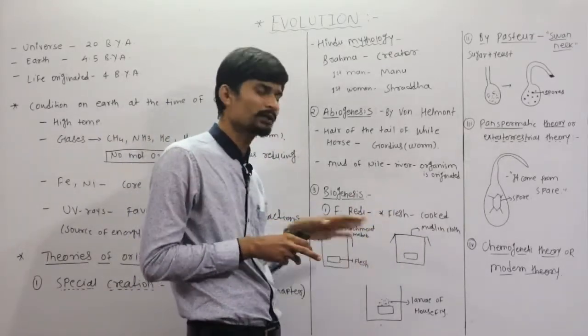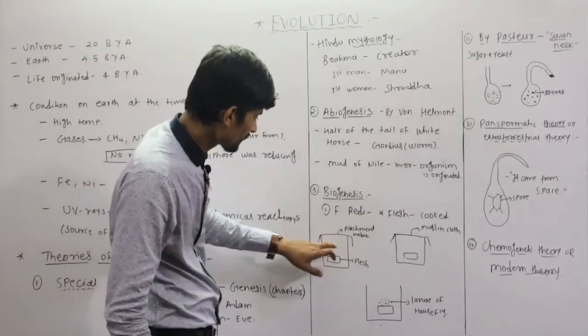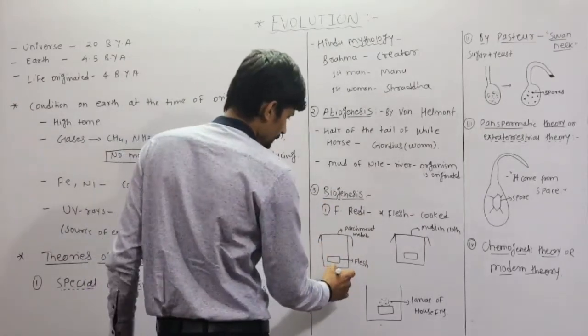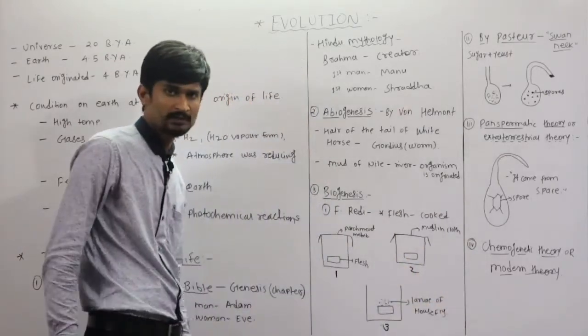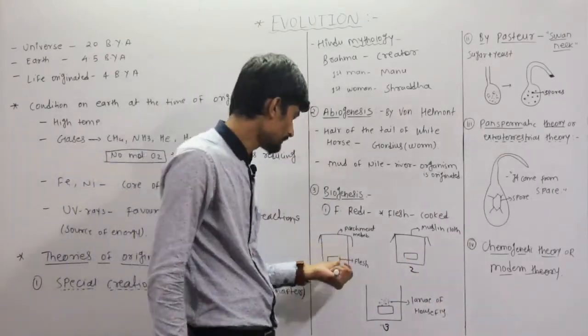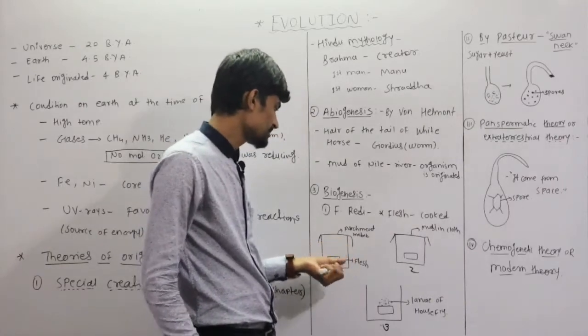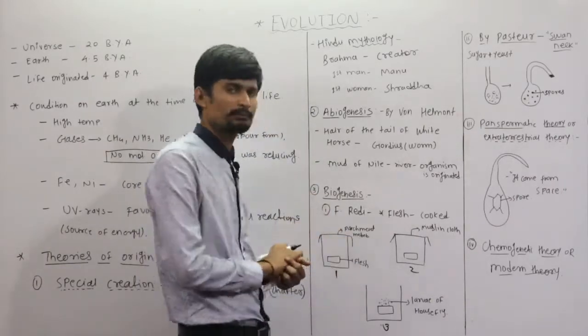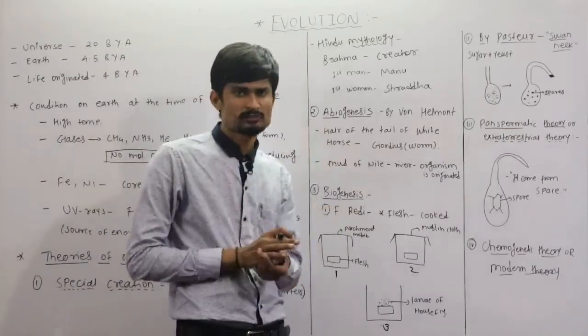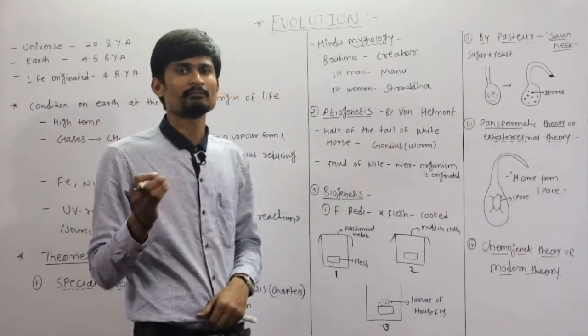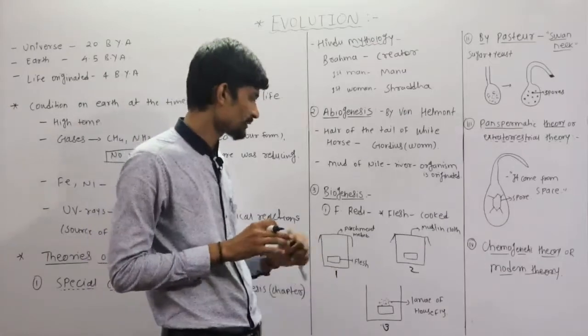Suppose this is the first container, this is the second, and this one is the third. In the first container, the flesh is covered with a parchment membrane, so it is separated from the atmosphere and no organism can enter this container.